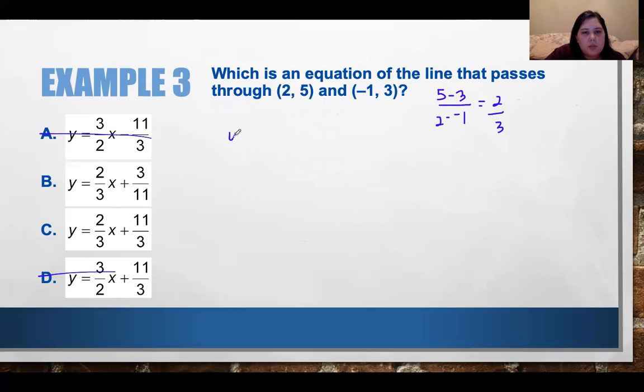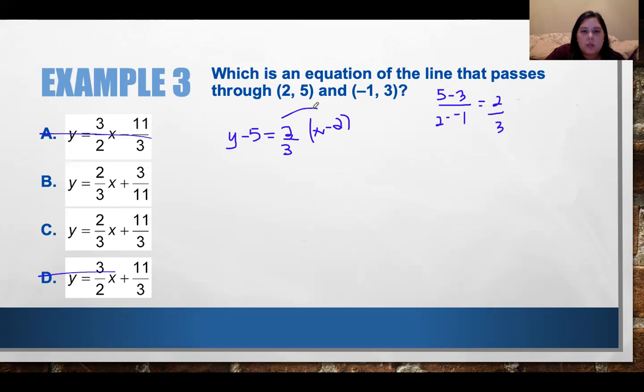So now I'm going to use point slope form. y minus 5 equals 2/3 parentheses x minus 2.